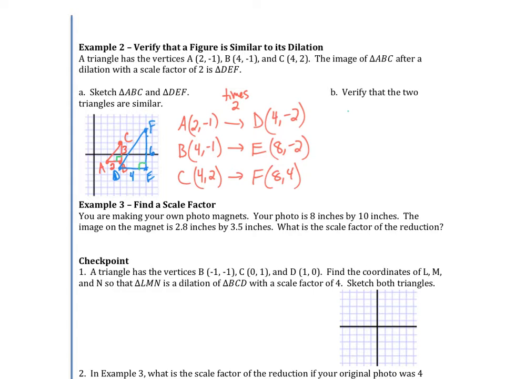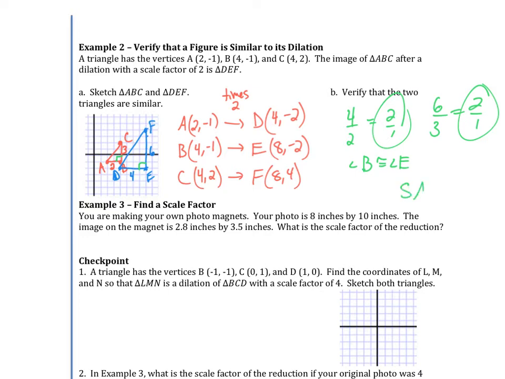So if we do 4 over 2, which would equal 2 over 1, and then we do the scale factor of 6 over 3, which would also be 2 over 1, and then angle B is congruent to angle E. So this would be side, angle, side similarity. So that's how we verify it. It's side, angle, side similarity because the sides are proportional, and then there's one angle that's the same.